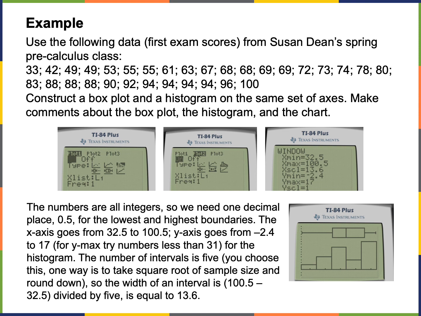And you can do this simultaneously, and I'm going to illustrate that in a video right now, but I just want to show you really quickly how we did that. You would select plot 1, histogram, select plot 2, box plot, and then the window, you've used this window here, so 32.5.